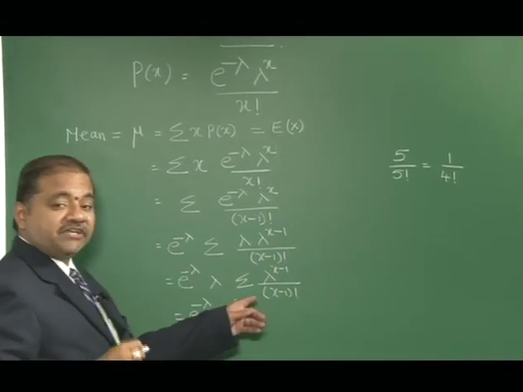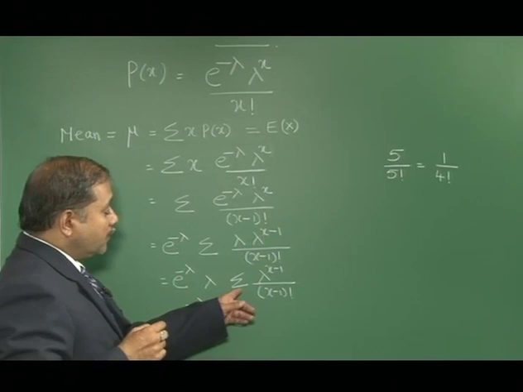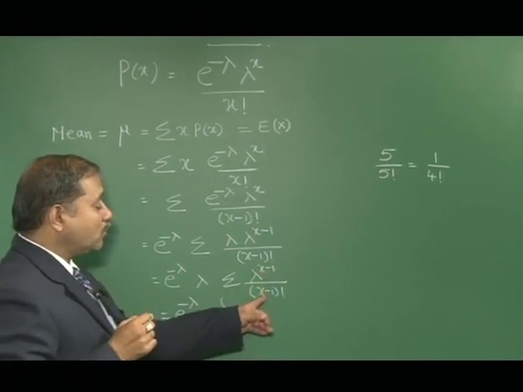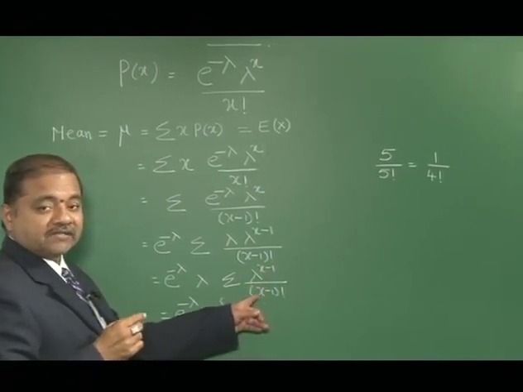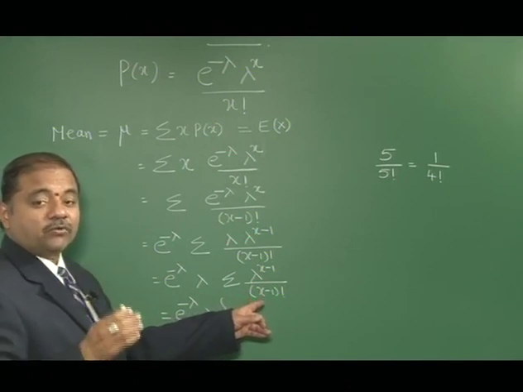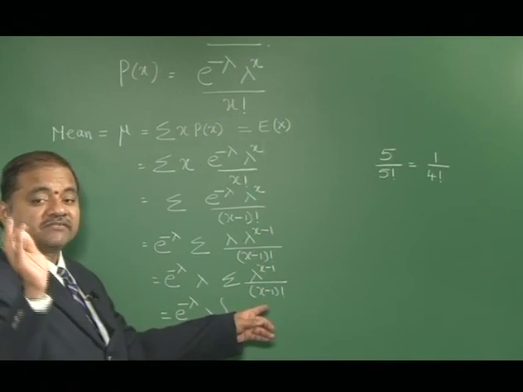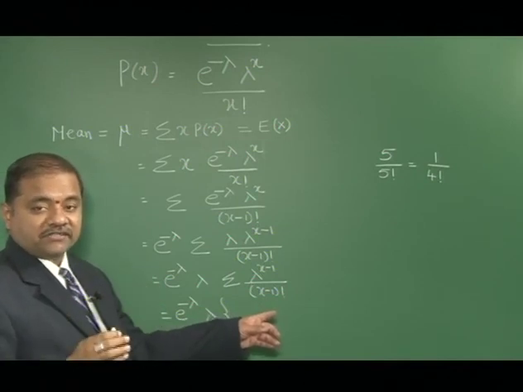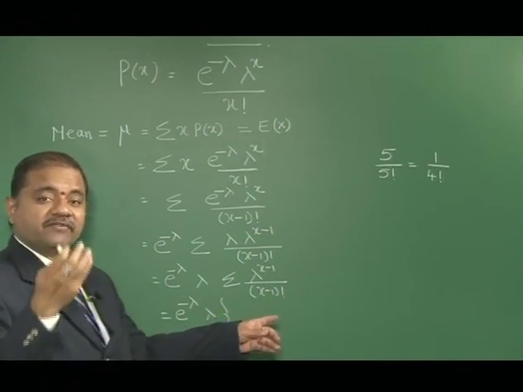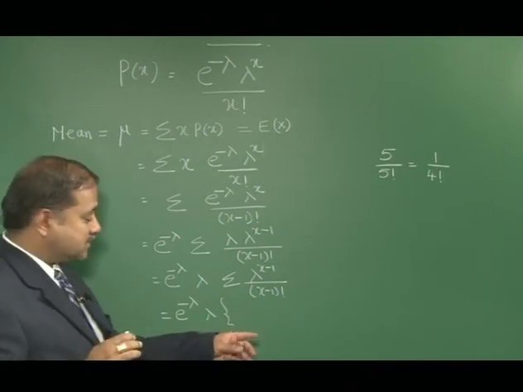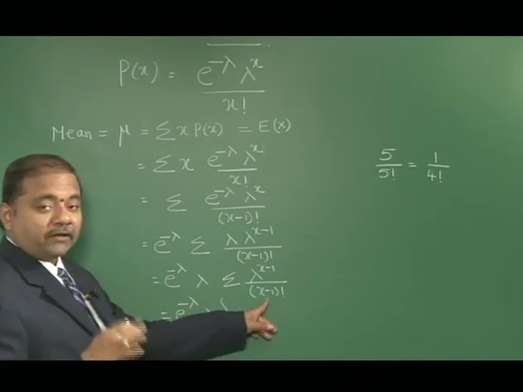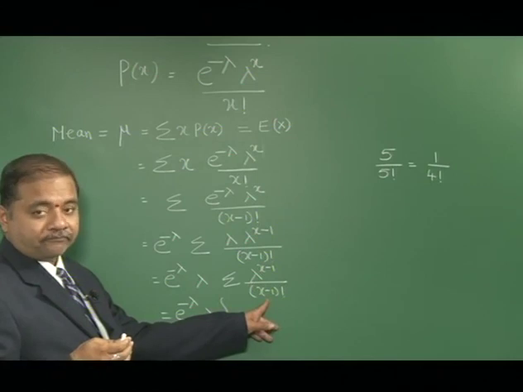X starts from 0. Be careful, here we ignore one term. See, in the summation, for a convergent series we can leave one or two terms, for two reasons. Here I will get negative factorial, which has no value.